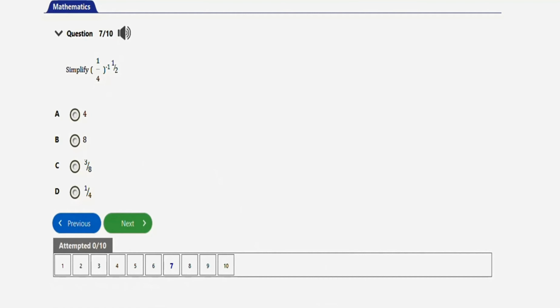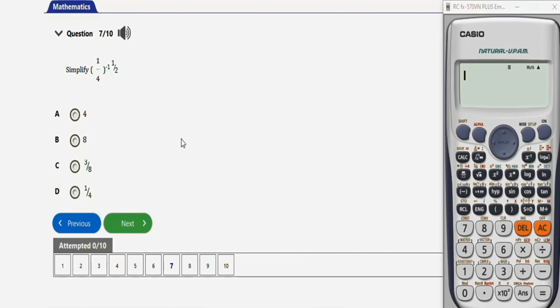Let's bring the calculator. For this question we are not storing any value, so we have a fraction in brackets. So put the fraction, we have 1 over 4. Alright, close the brackets. We have to the power. Now this power is 1 whole minus 1 whole number 1 over 2. So let's put it in improper fashion.